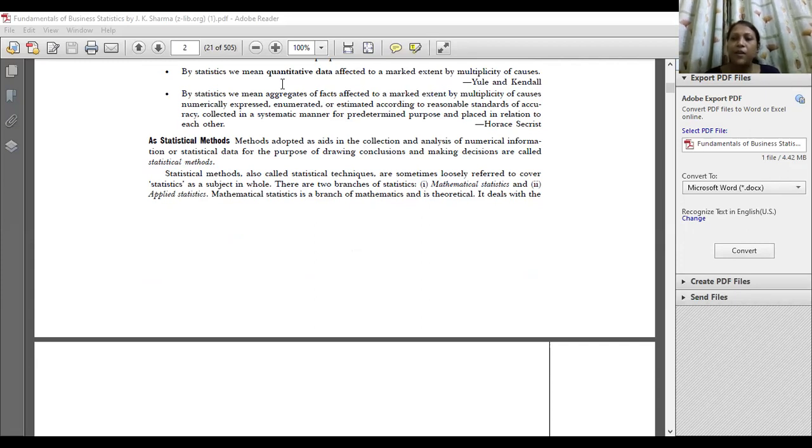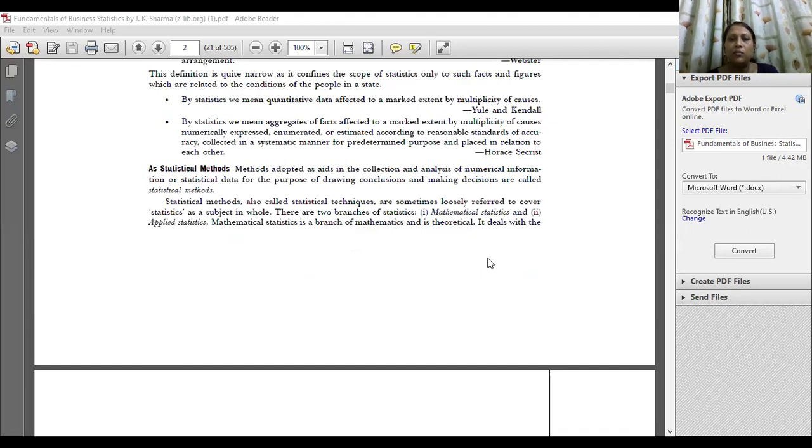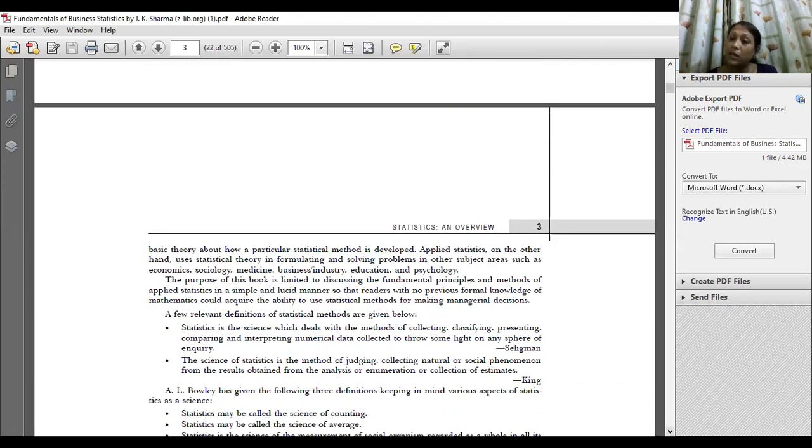Statistics can be classified into two branches. First one is mathematical statistics, another one is applied statistics. Mathematical statistics is a branch of mathematics and is theoretical, and it particularly deals with the basic theory of mathematics and how a statistical method can be developed.